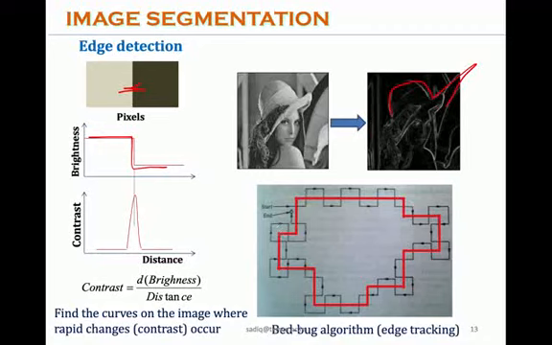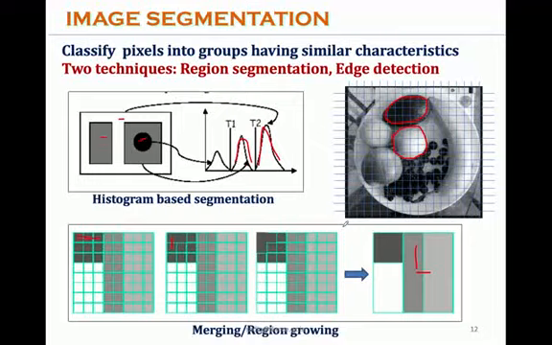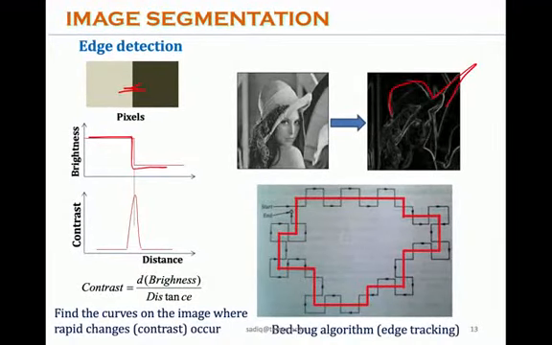If the intensity changes, say this is the object and there is no object here, then when it comes here, there is no object, so it will turn left, that means an anti-clockwise movement. If there is an object, it will take a clockwise movement. So whenever there is an object, it will turn clockwise; if there is no object, it will turn anti-clockwise. This algorithm is repeated until it goes back to the original position, and thereby it detects that there is an object.